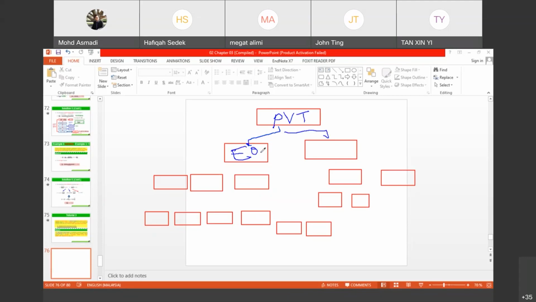How to calculate PVT? We have equation of state and generalized correlation. For equation of state, we have ideal gas and virial, and then cubic equations of state.